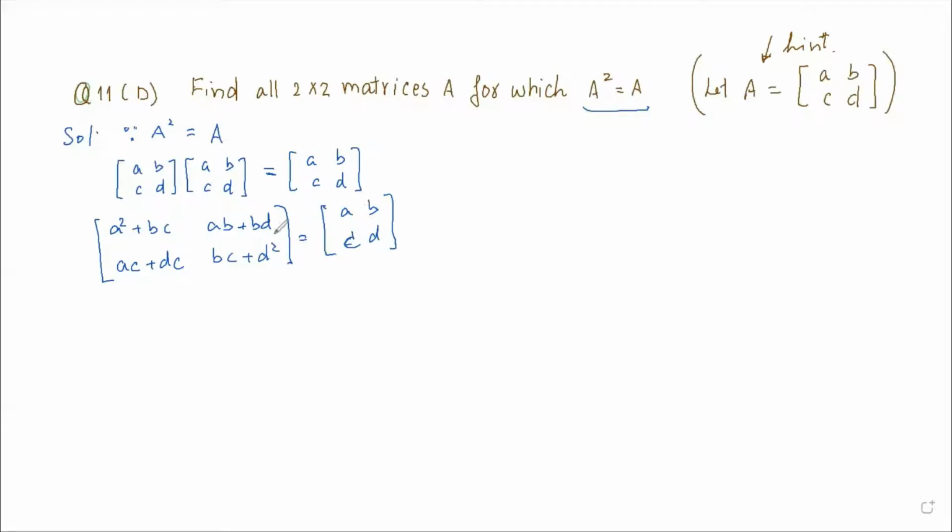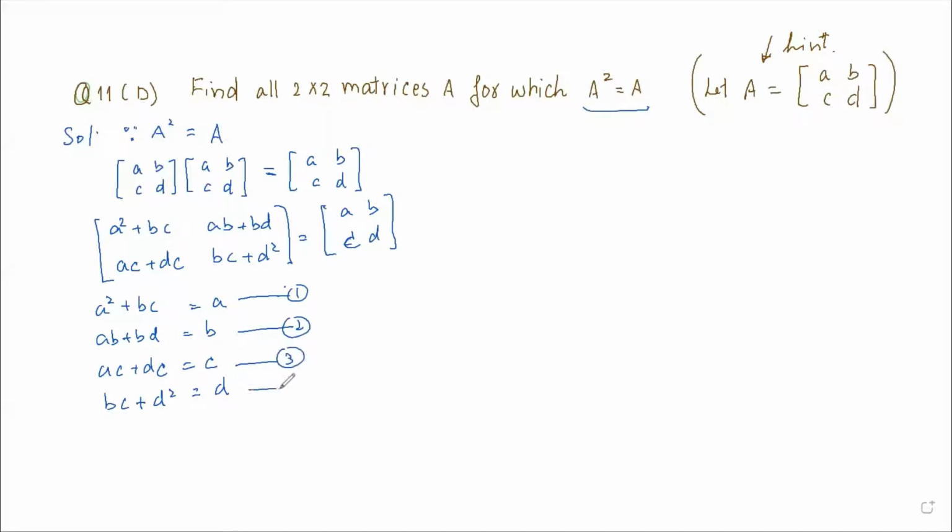So A squared plus BC equals A. Then AB plus BD equals B. AC plus DC equals C. And the last one, BC plus D squared equals D. Then we let these be equation 1, equation 2, equation 3, and equation 4.